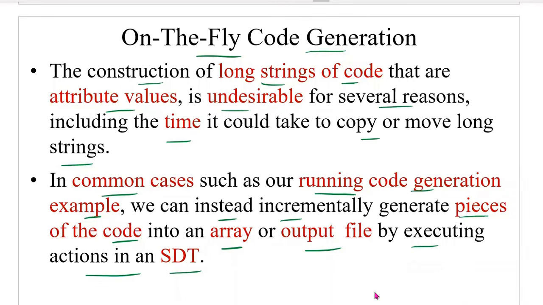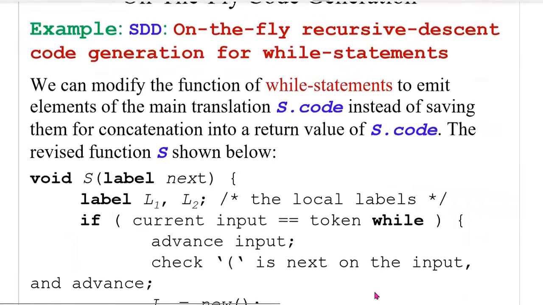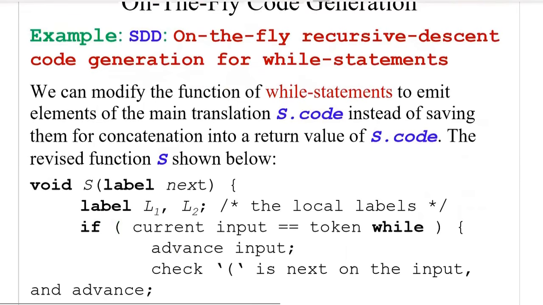So on-the-fly code generation means splitting the code into pieces in an array or output file. Then whenever required, by executing the semantic actions in syntax-directed translation, those can be incorporated. That is on-the-fly code generation.